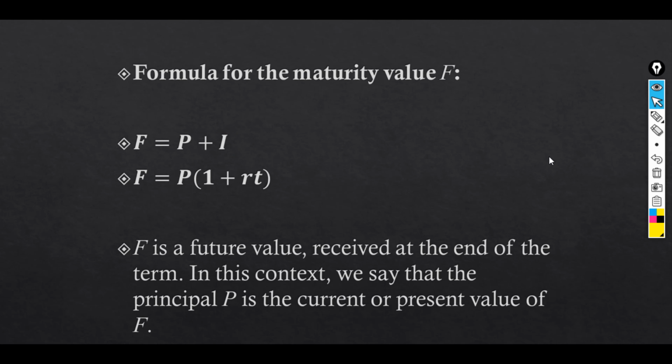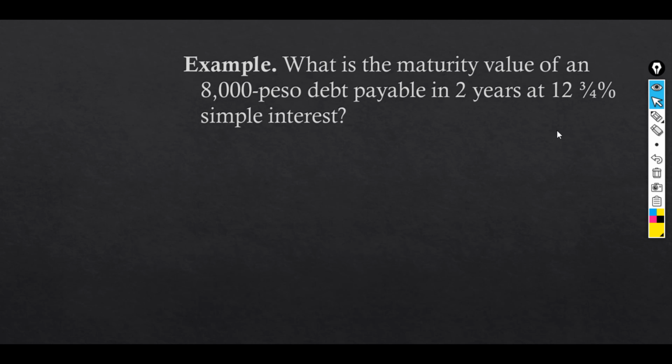Next slide. What is the maturity value of an 8,000 peso debt payable in 2 years at 12 and 3/4%? We're looking for the maturity value or the future amount. 8,000 is the principal. 2 years is the term. 12 and 3/4% is the rate. F equals P times (1 plus RT).